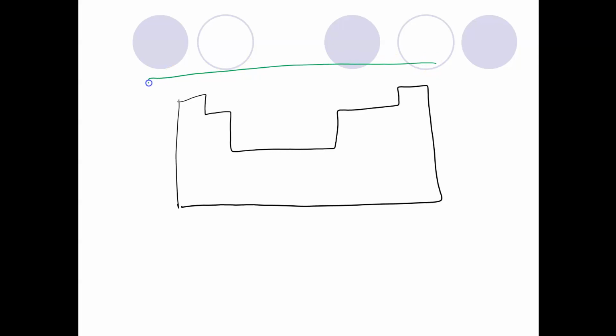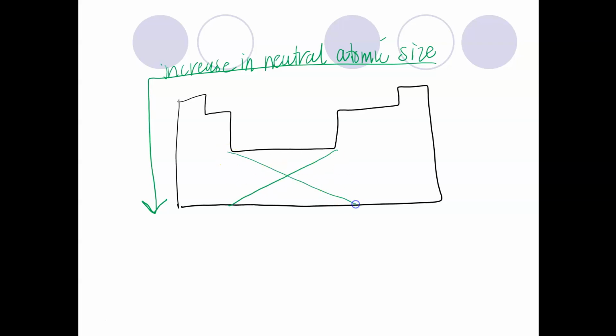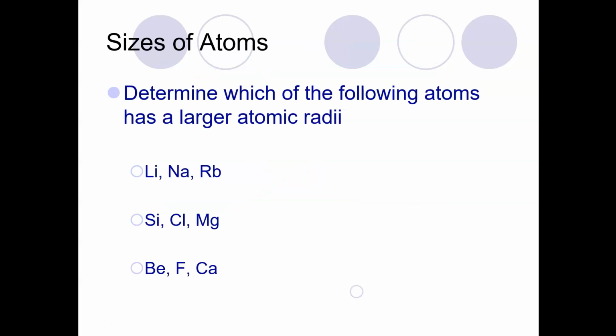So this arrow shows an increase in, I'm going to say neutral because we haven't talked about ions yet, atomic size. So if you have your periodic table out, if you have a blank one that doesn't have stuff on it, or even if it has other stuff, I would draw this trend. Now I am going to go ahead and cross out the D block elements just because they're not going to follow this trend.